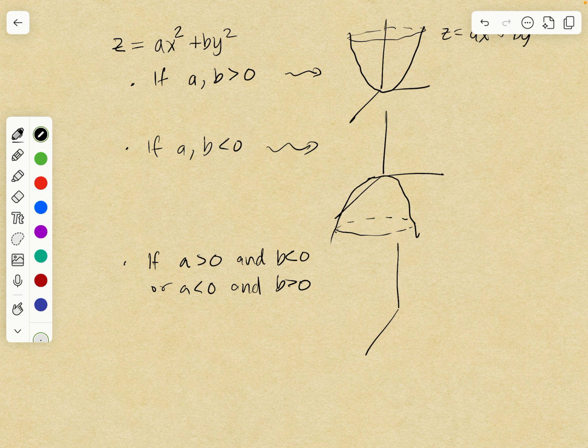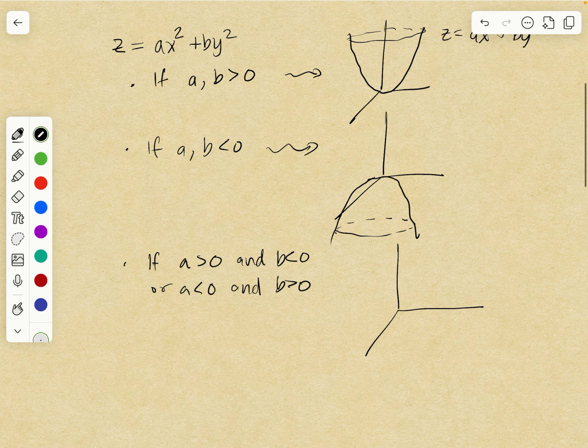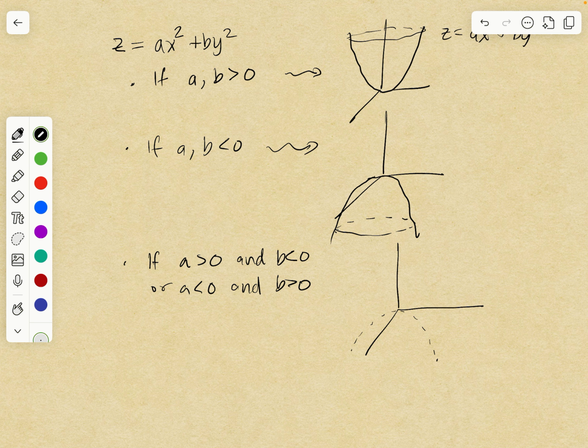What ends up happening is you get some Pringle-like shape where on one side it's like this, and on the other side it's like this. It's like a saddle, something like this. It's kind of hard to visualize, maybe like this.